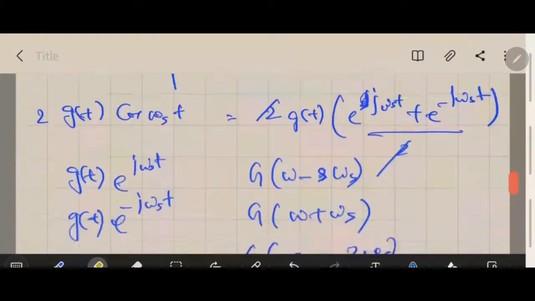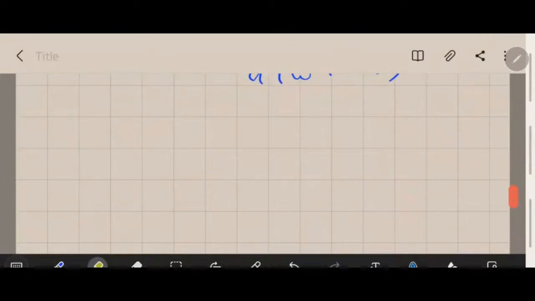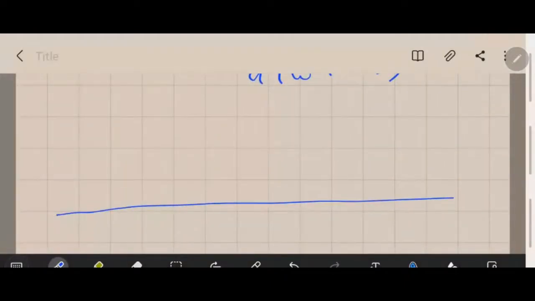So let us display it. So the spectrum will be like this. So g of omega will appear here. This is 0 and this is your g of omega. Okay. This whole spectrum that I am drawing is your g bar of omega, because this is the sampled signal.